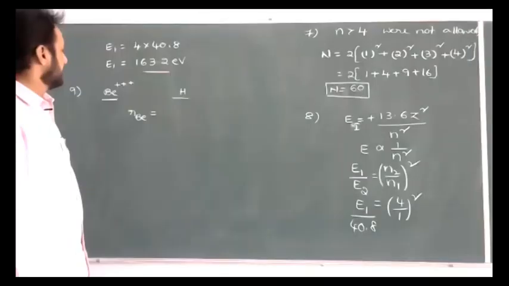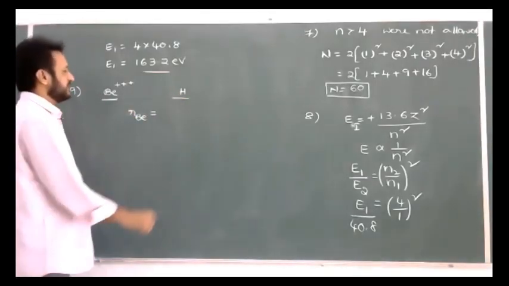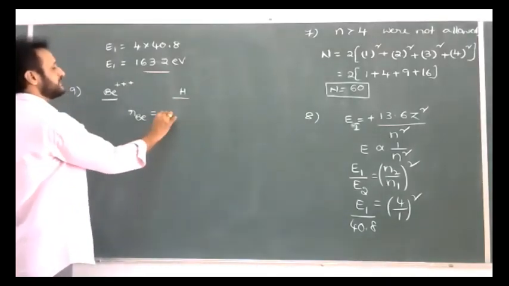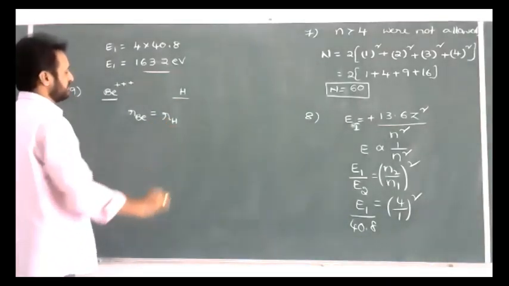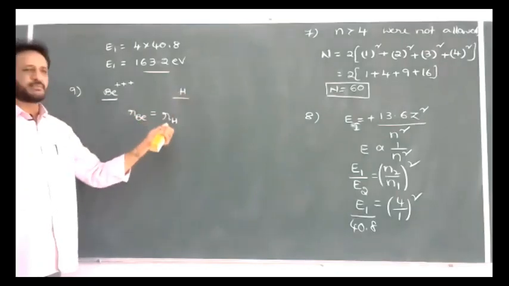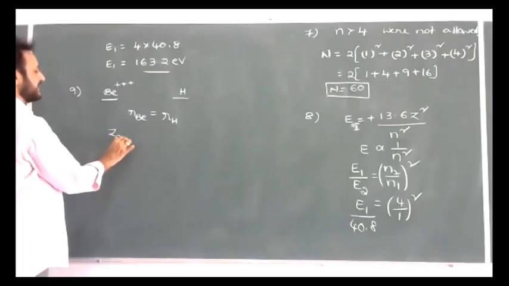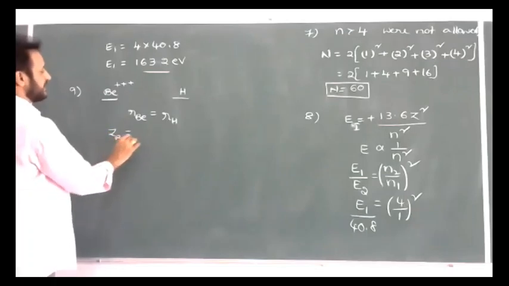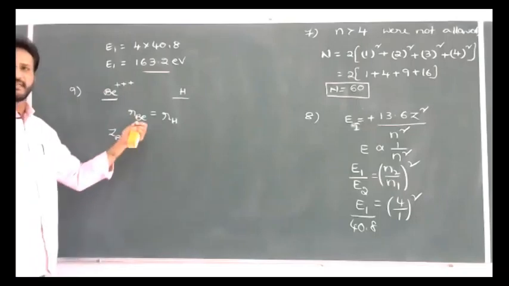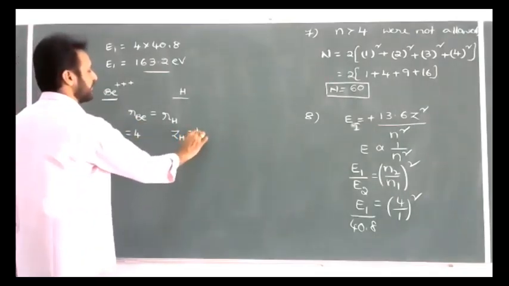Okay, check here, they have given one beryllium and one hydrogen, and both have the same orbital radius. So the radius of the orbit of beryllium and hydrogen are the same. The atomic number of beryllium, Z Be, is 4, and hydrogen Z H is equal to 1.